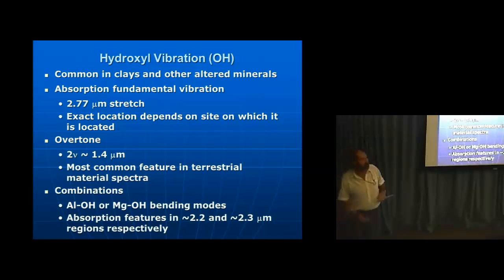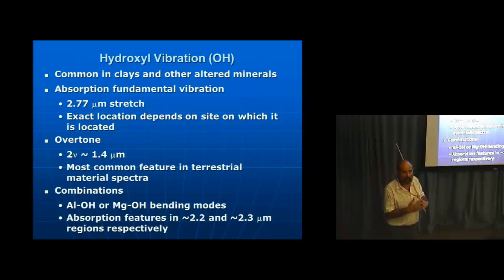So a common thing that we'll see in a lot of the earth materials is this hydroxyl vibration, OH. It's common in clays and other altered minerals where the primary mineral has been hit by water, usually hot water, and it changes the minerals and the water bonds with the oxygen in the rock as part of the mineral structure.